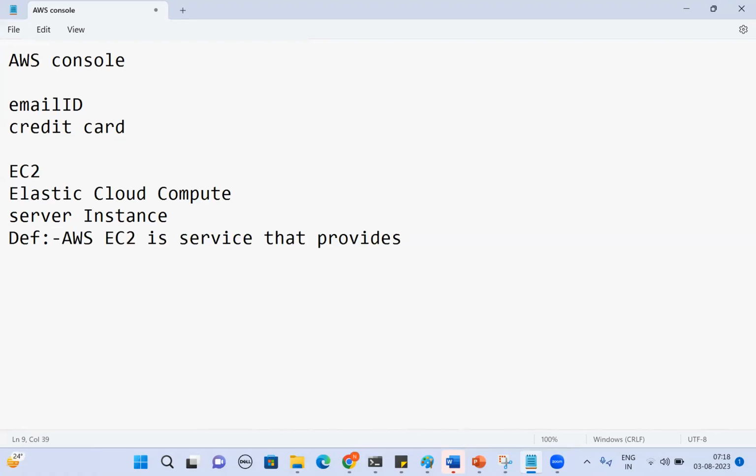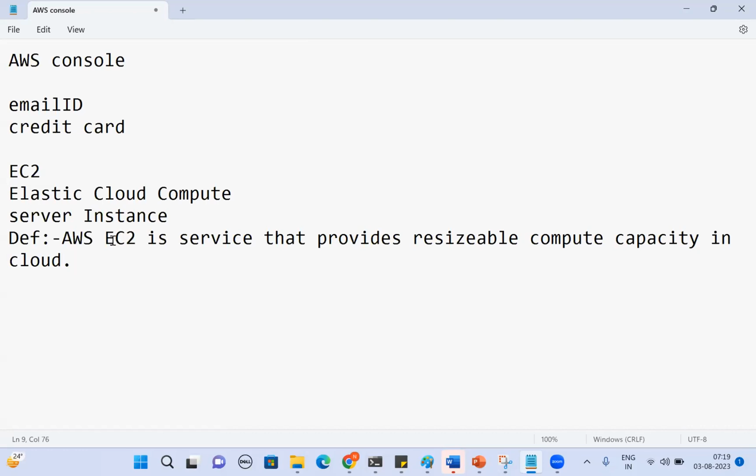AWS EC2 is a service that provides resizable compute capacity in the cloud.